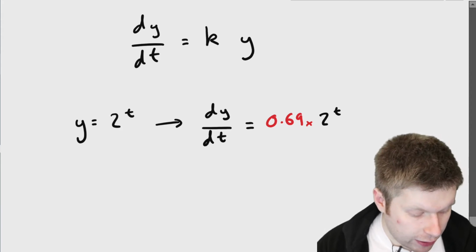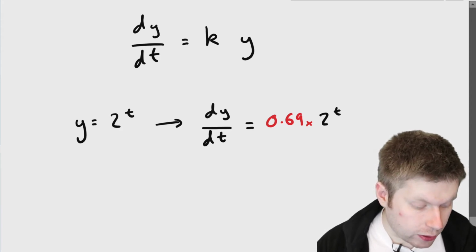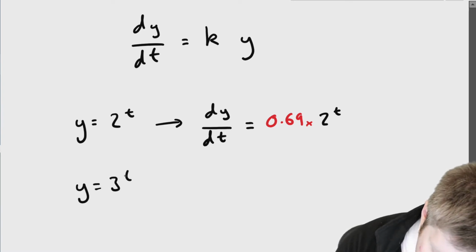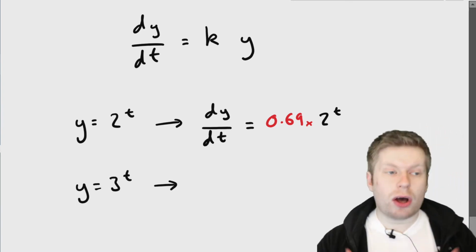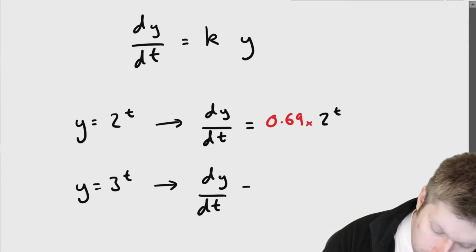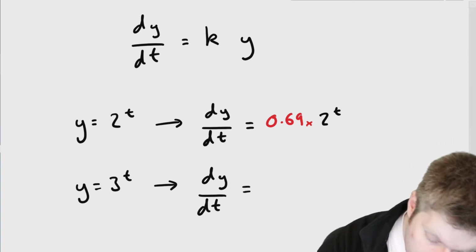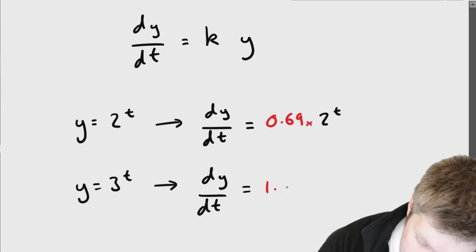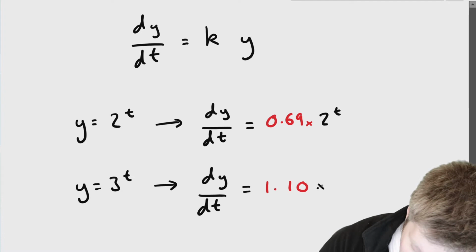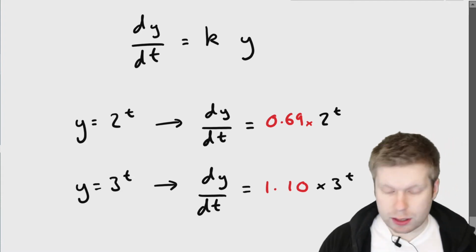Okay, if I look at, for example, another one, something like y equals 3 to the power of t, in other words, for every single time period, I'm timesing by 3. Well, in that case, the rate of change of my size is going to be, my constant of proportionality in that case is 1.1, actually 1.10, times my size, which is 3 to the power of t, okay?